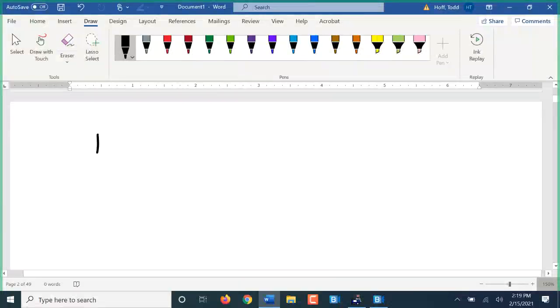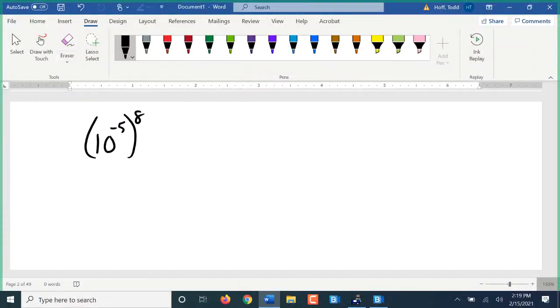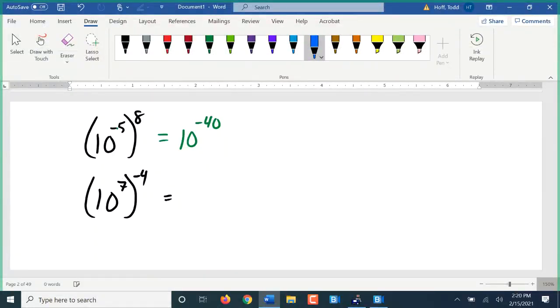I might have 10 to the negative 5th to the power of 8. Well, again, I multiply the powers. Negative 5 times 8, it's going to be 10 to the power of negative 40. Or I might have 10 to the 7th to the power of negative 4. Well, again, it's 10 to the power of 7 times negative 4, which is negative 28.